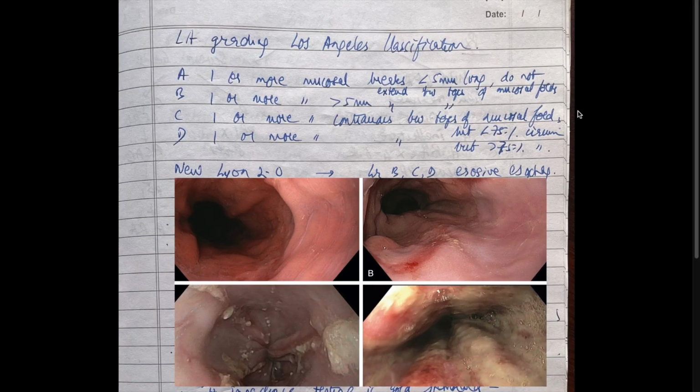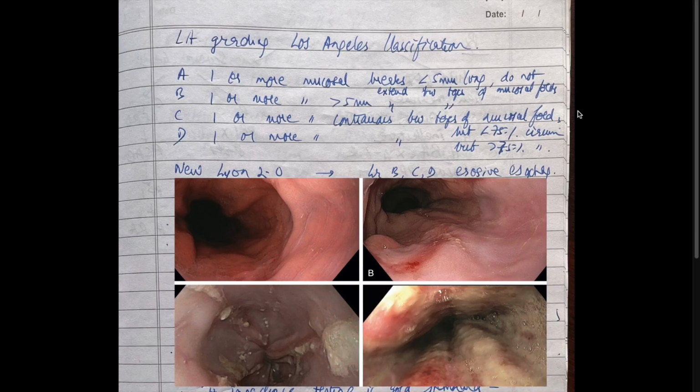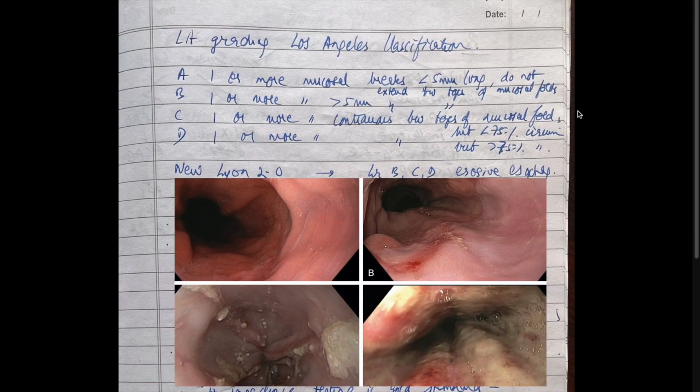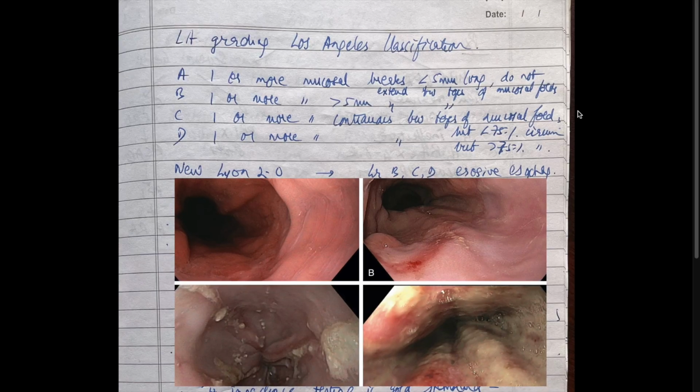C would be one or more breaks which are continuous between the tops of the mucosal folds, but they involve less than 75% of the circumference. D would be one or more mucosal breaks and they would occupy more than 75% of the circumference.